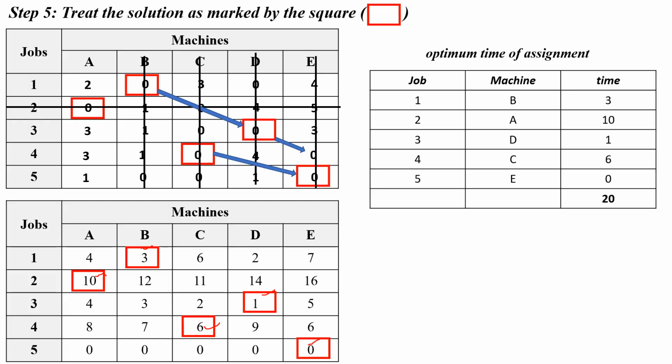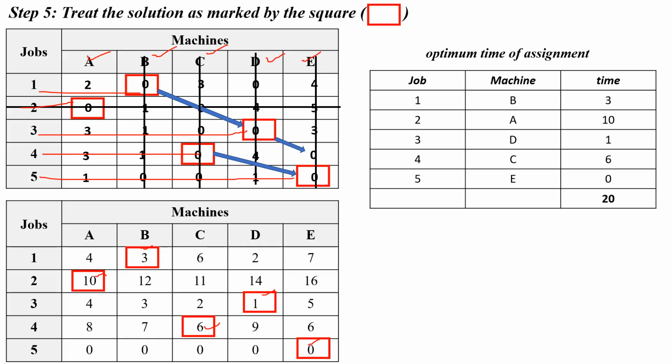So the optimal assignment is: for job 1 assign machine B, for job 2 assign machine A, for job 3 assign machine D, for job 4 assign machine C, for job 5 assign machine E.